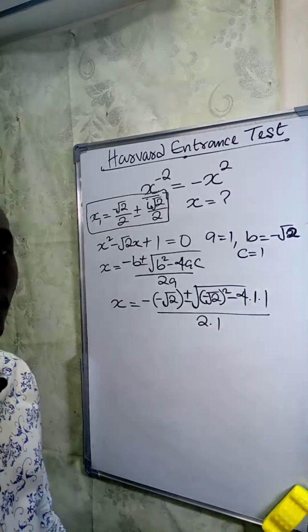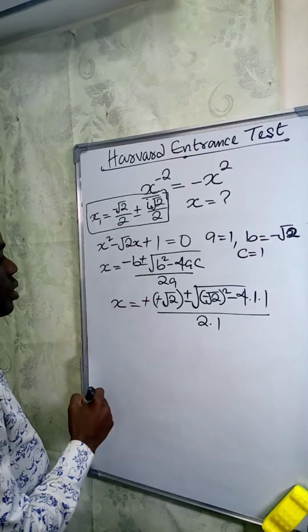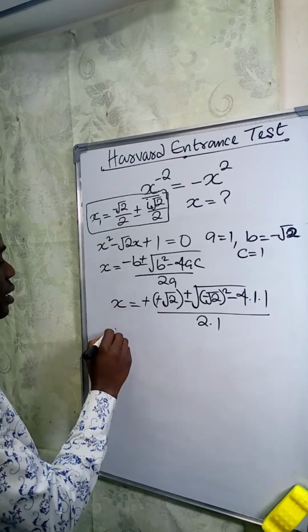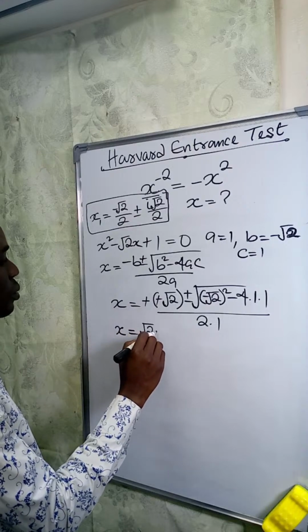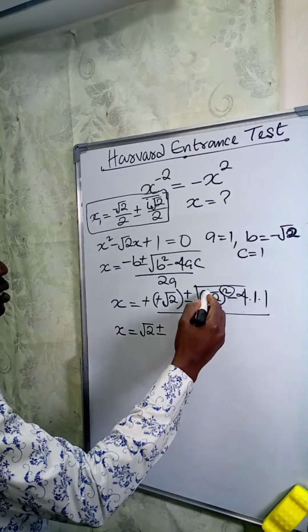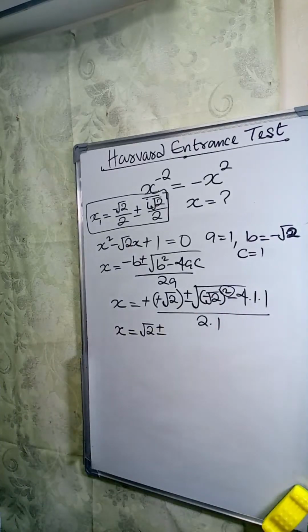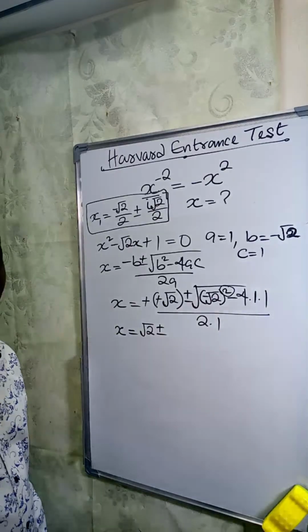From that part, you find out that negative will cancel out negative, negative multiplied by negative will give us positive, and that will give us positive square root of 2 plus or minus. Since this is even, the negative becomes positive, so we're going to have 2.